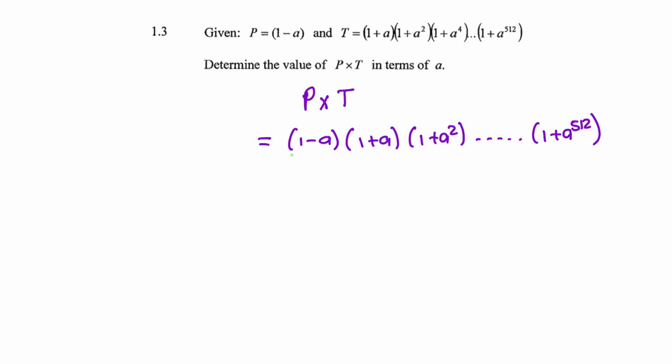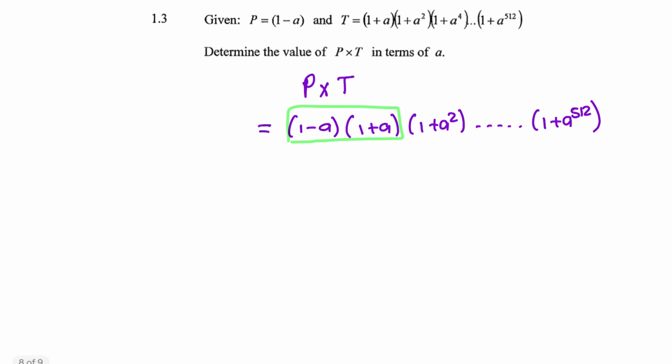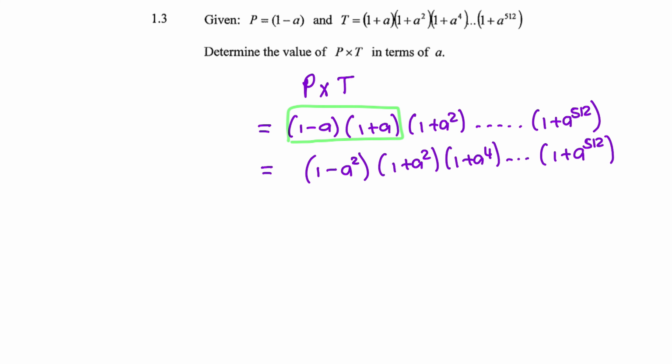And if I focus on the first two brackets, I notice that that creates a difference of two squares. So that will become (1 - a²) times (1 + a²) times (1 + a⁴), all the way to (1 + a⁵¹²).